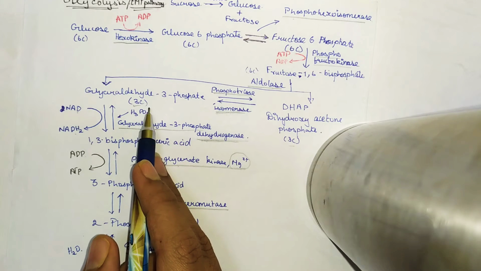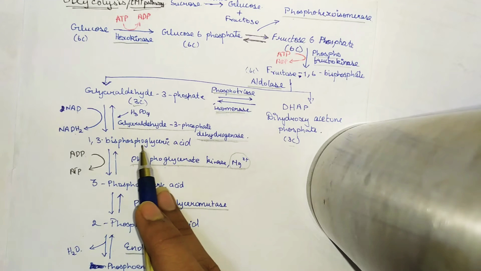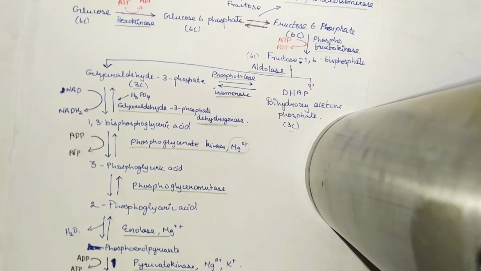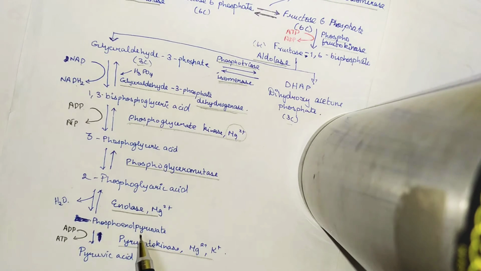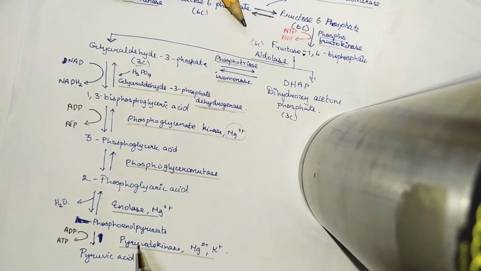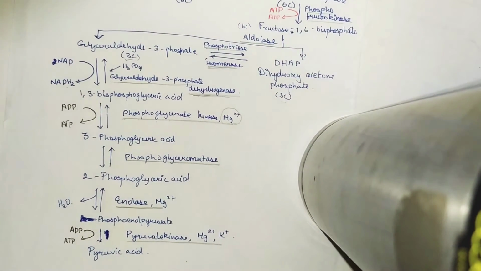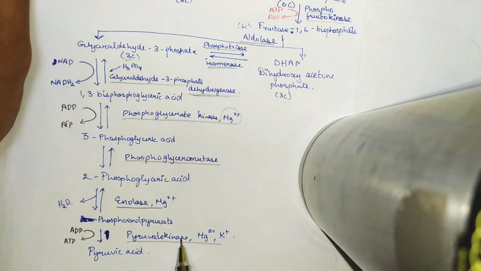So H3PO4 is added when glyceraldehyde 3-phosphate is converted to 1,3-bisphosphoglyceric acid, whereas H2O is removed when 2-phosphoglyceric acid is converted to phosphoenol pyruvate. Now coming to the last and final step, phosphoenol pyruvate gets converted to pyruvic acid with the help of the enzyme pyruvate kinase.